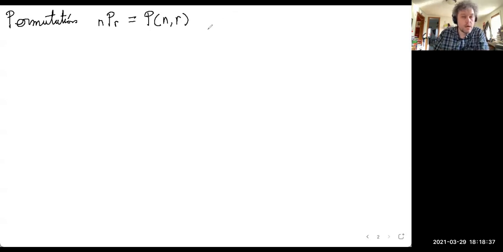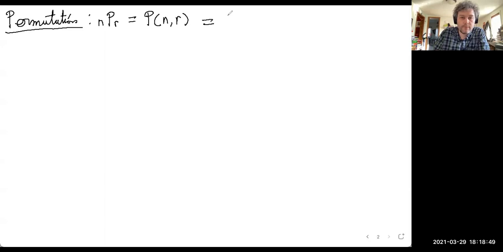Now, the next thing I want to define is called a permutation. Okay, and it also gets its own little symbol. We can call it nPr, or you can call it P with n comma r. That's another way of writing it. Permutation is very, very similar, if not the exact same thing, as certain multiplication principles that we've already done.